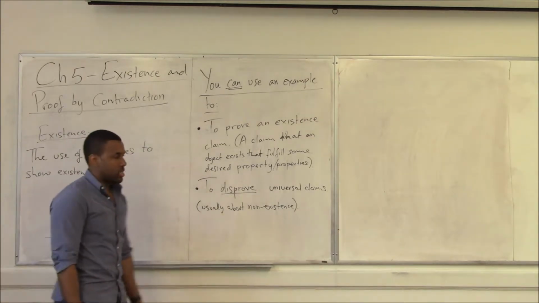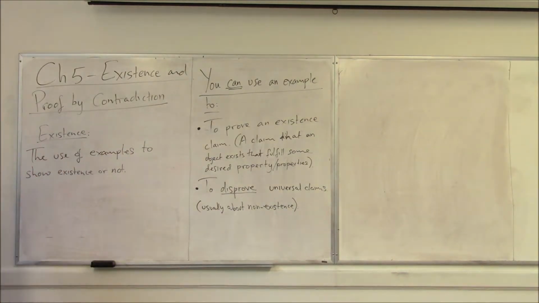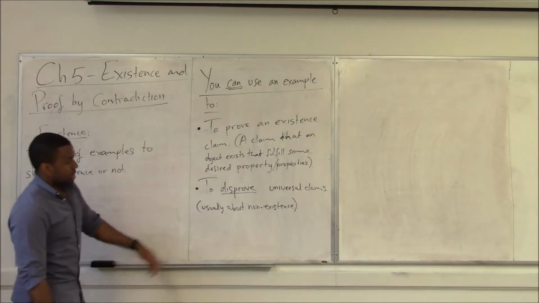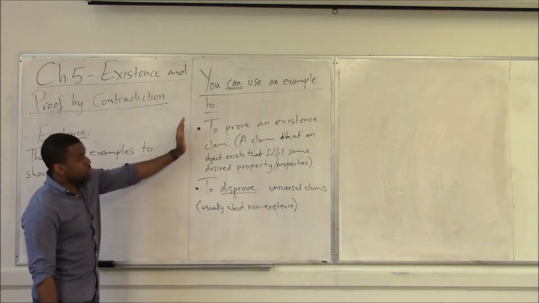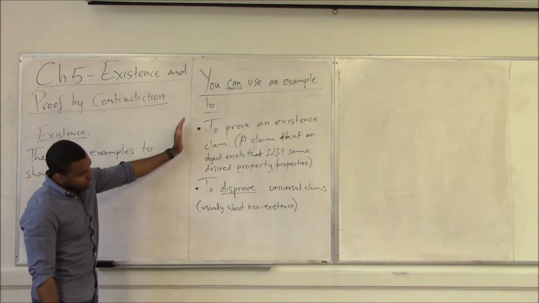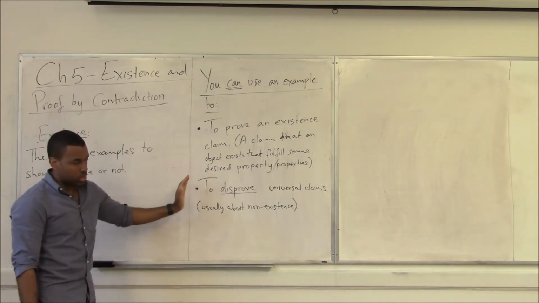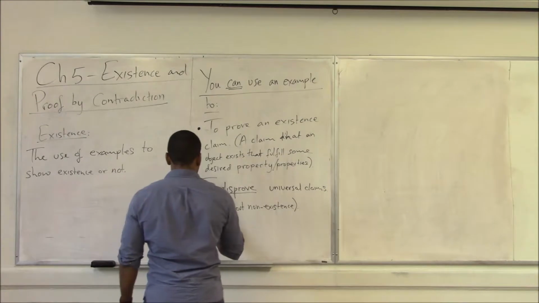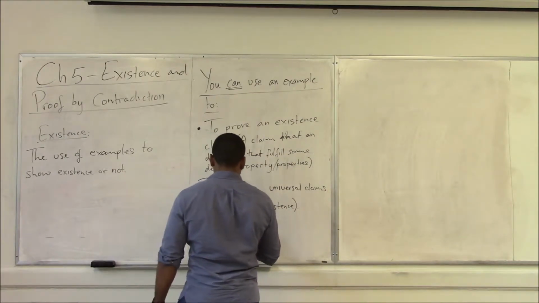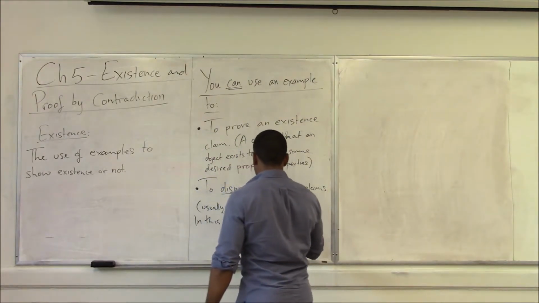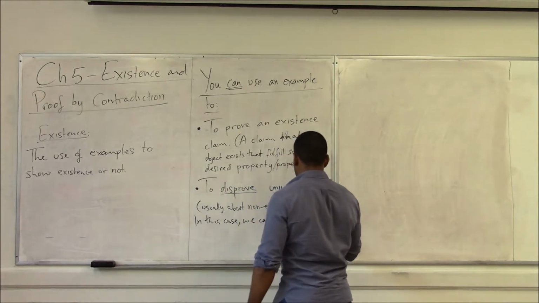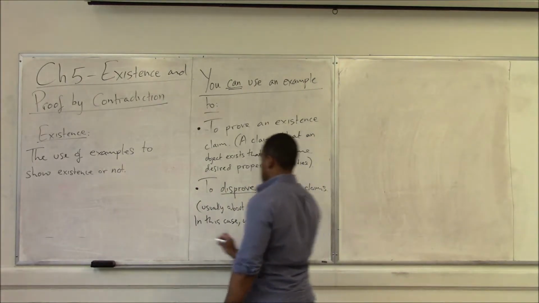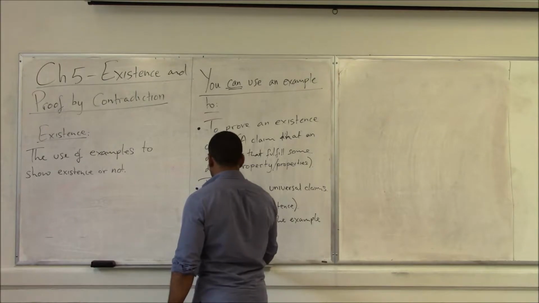It's not always about existence or non-existence, but you can use it to do things like disprove a claim. So you can either prove the existence of an object by using an example, or you can disprove a universal claim by using an example. In this case, the example is called a counterexample. Because it counters some claim that is made.